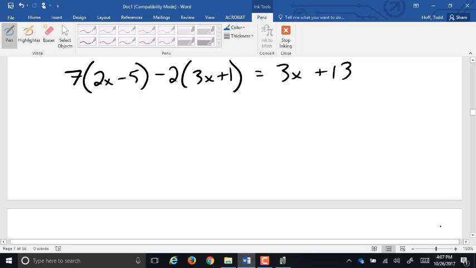Okay, so here we've got two sets of parentheses on the left side. And we've just got the extra variable on the right side. So we start out multiplying through by the 2. 7 times 2x, 14x. 7 times negative 5, negative 35. Then we've got the negative 2 here times 3x.